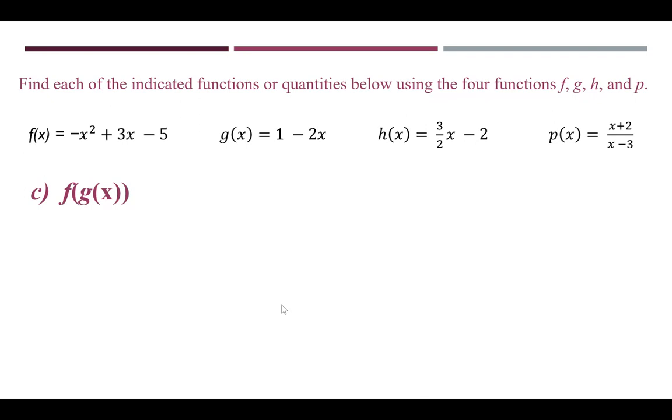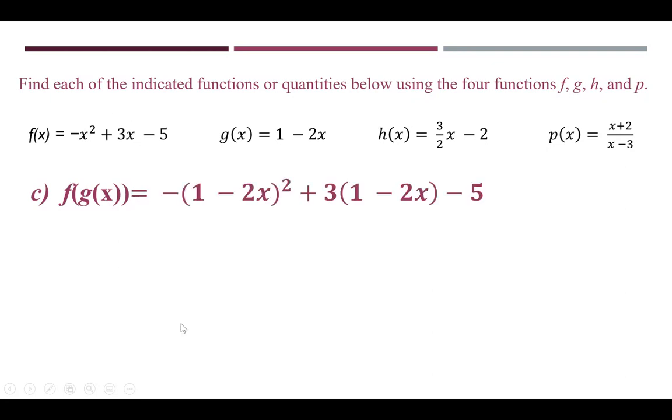Pause the video and see if you can find f of g of x. This time, we're going to take g of x, which equals 1 minus 2x, and we'll substitute that expression into the f function both places x appears.